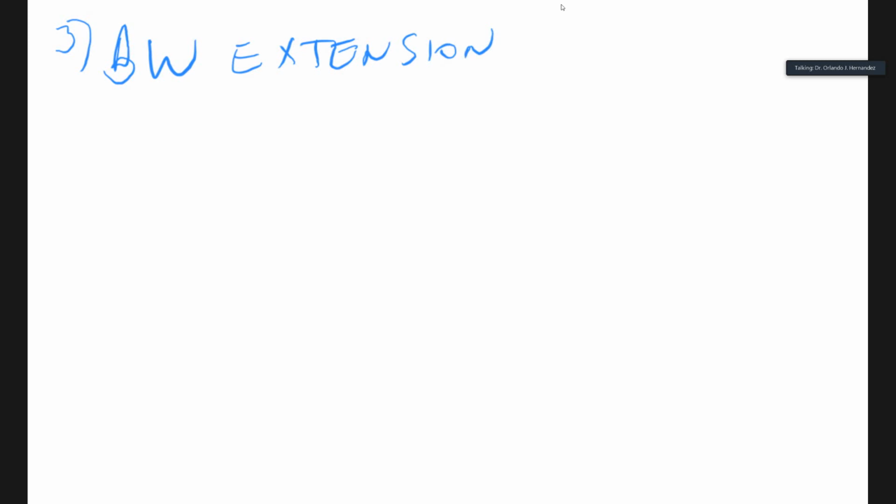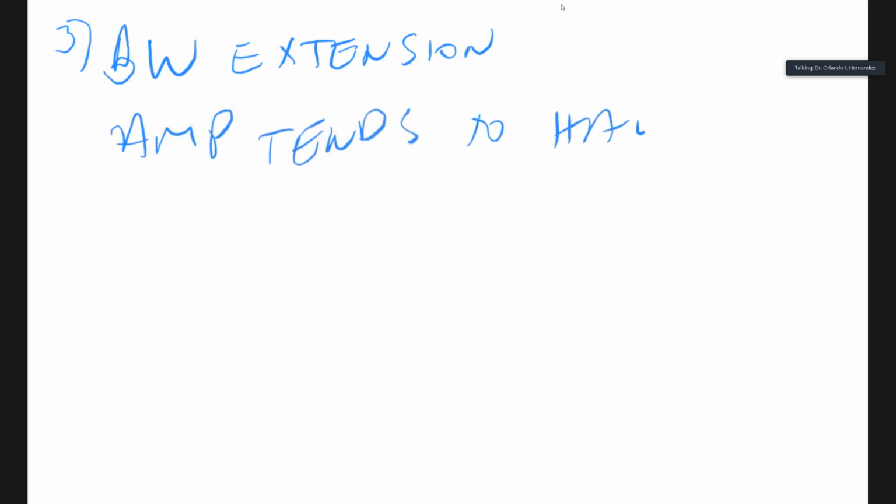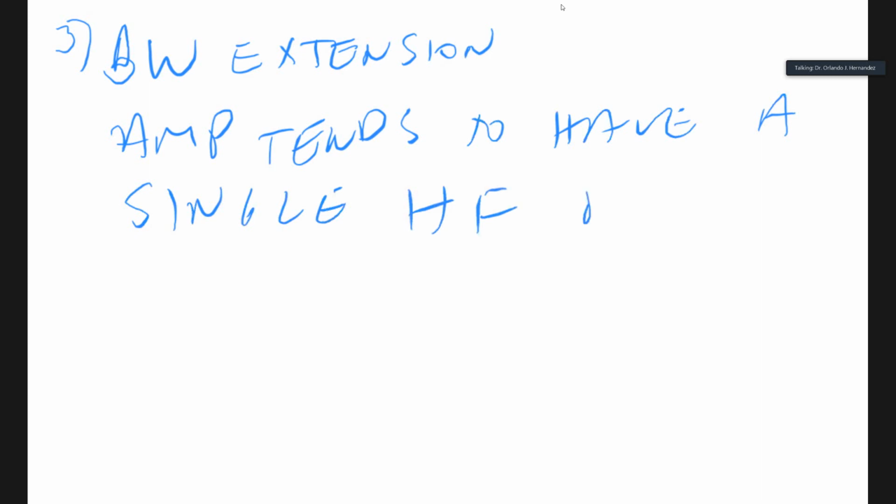But another important characteristic that is typical of these amplifiers is that the amplifier tends to have a single high frequency pole. Okay? So that's just the nature of the construction of the circuit.